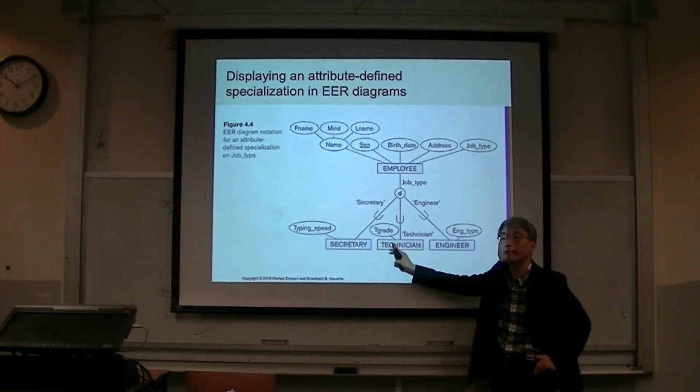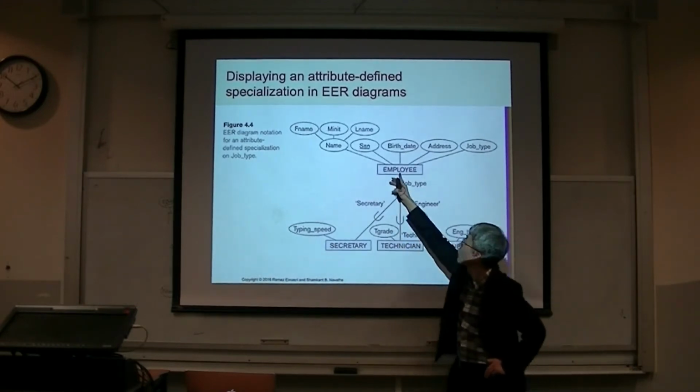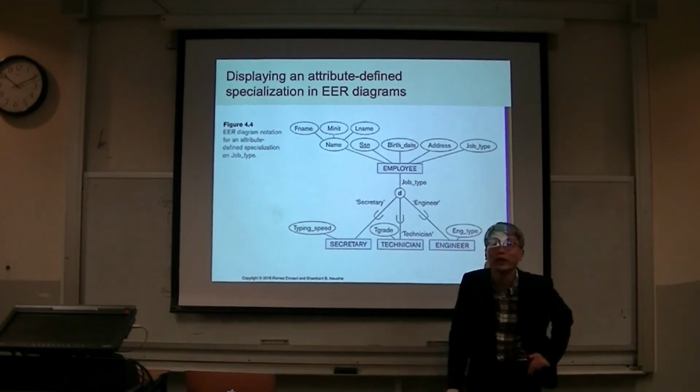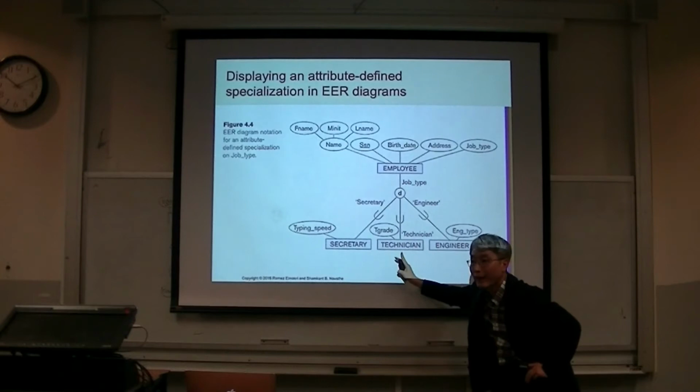Does it have the key attribute or not? The technician. Yes. Where is it? Superclass. The social security number is the key attribute. So all this information is automatically inherited by the subclass.